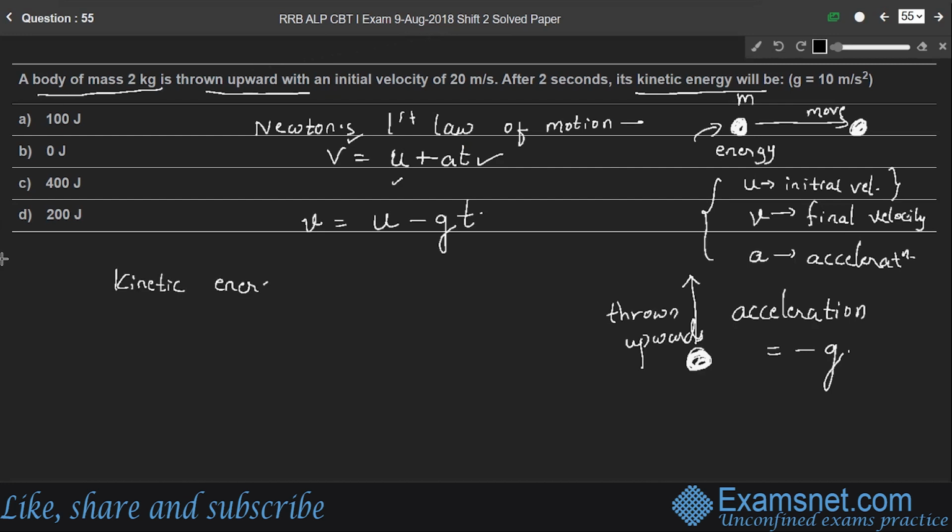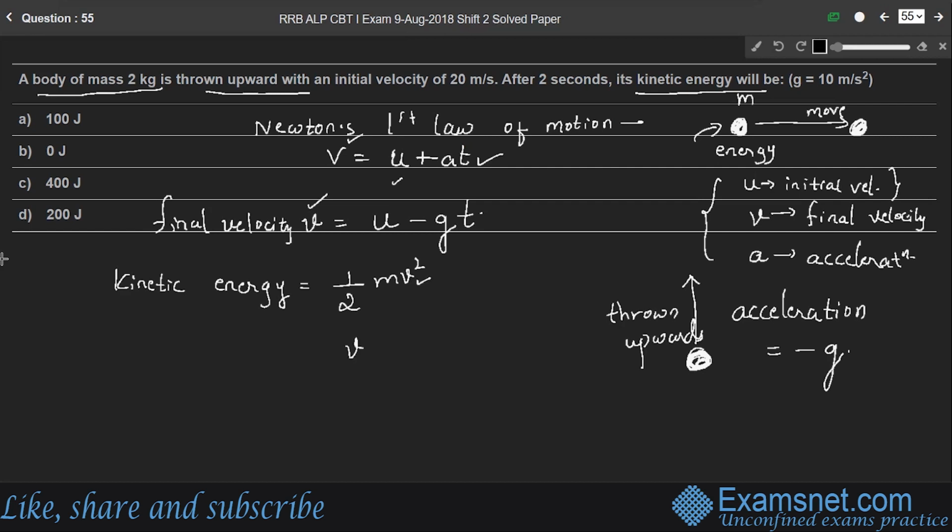The energy a body gets due to its motion is called kinetic energy. Half mv square is kinetic energy. In this case, v is the final velocity of the body. Therefore, to find kinetic energy, we need the value of final velocity.